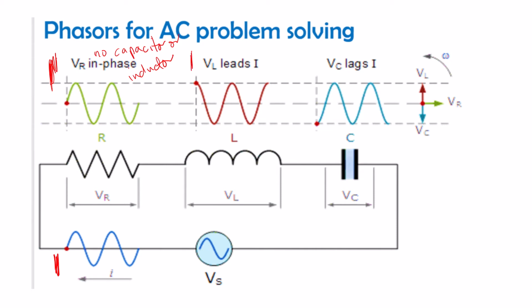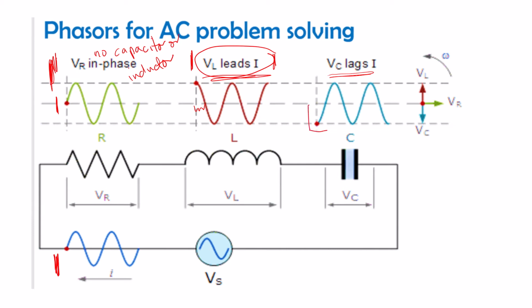The voltage across the inductor leads the voltage over the current by 90 degrees, and that's this difference here. The voltage across the inductor leads the current, leads the voltage across the resistor by 90 degrees, and the voltage across the capacitor lags behind the voltage across the resistor in the current by 90 degrees.